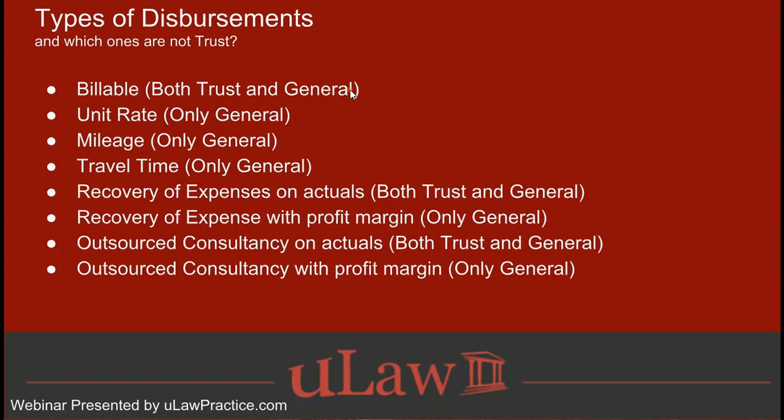If you're doing outsourced consultancy on actuals, so even in the case of that stand-in, if you're actually paying the outsourced consultant $50 and it's exactly the same $50 that you're going to charge your client, then yes, by all means, you can use both trust and general. But again, if you're going to do it with a profit or a loss margin, then only general account.